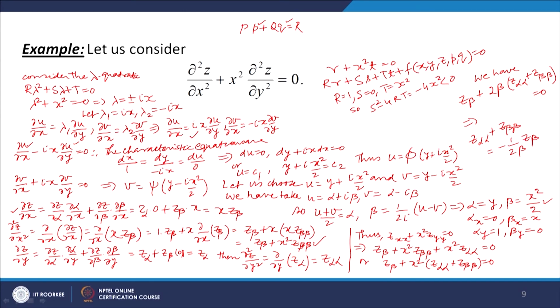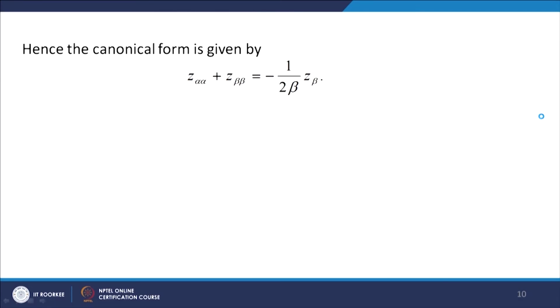Okay. So, this is the required canonical form. Z alpha alpha plus z beta beta equal to minus 1 over 2 beta z beta.